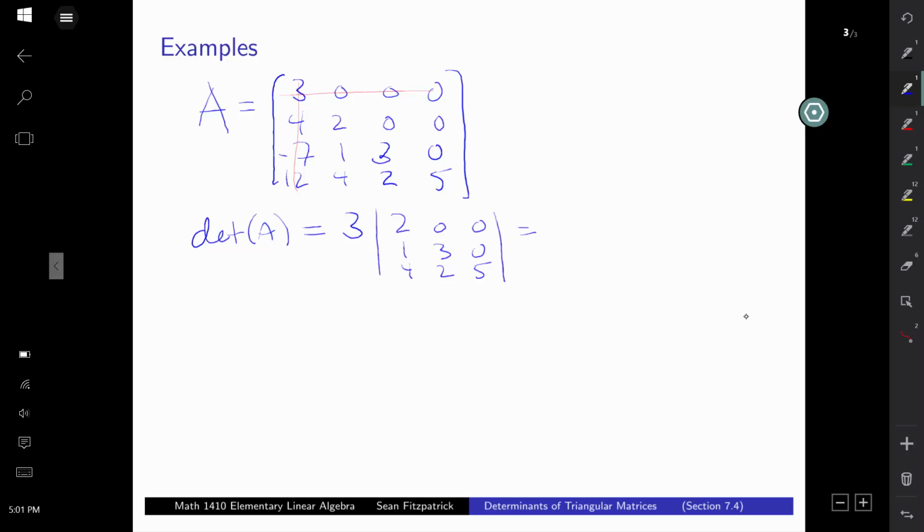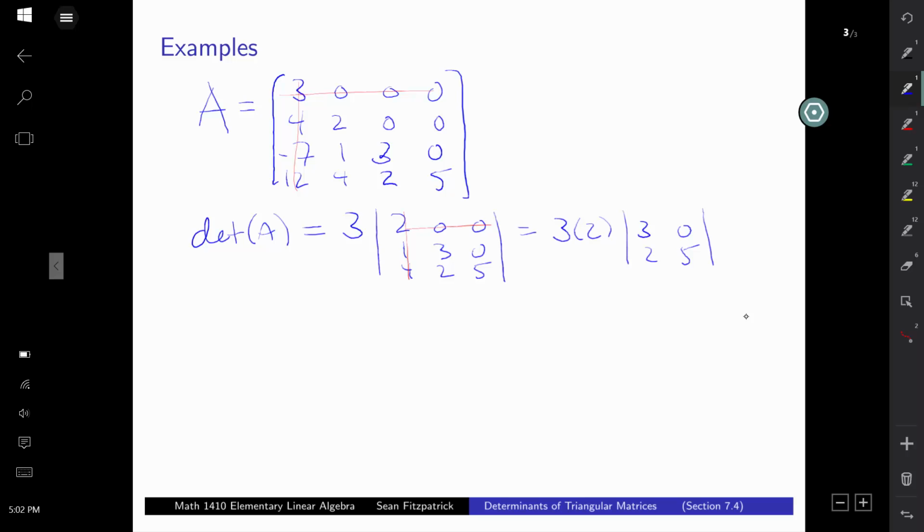Then I expand along the first row again: 3 times 2, expand along the first row, so I delete row 1, column 1, and I get the 2 by 2 determinant 3, 0, 2, 5. That's a 2 by 2 determinant, so I could keep going and expand along the first row again, but it's 2 by 2.